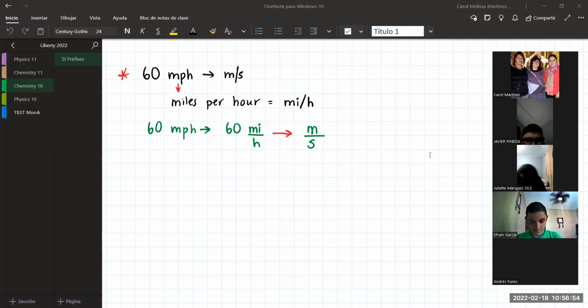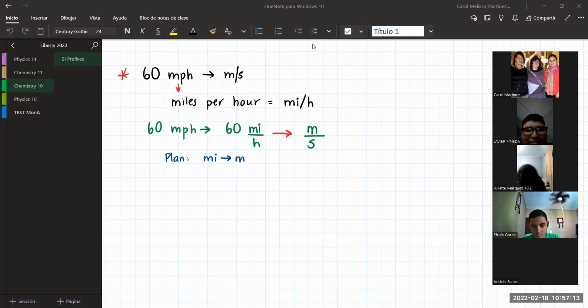So your plan must be from miles to meters. For this one, you have a conversion factor.